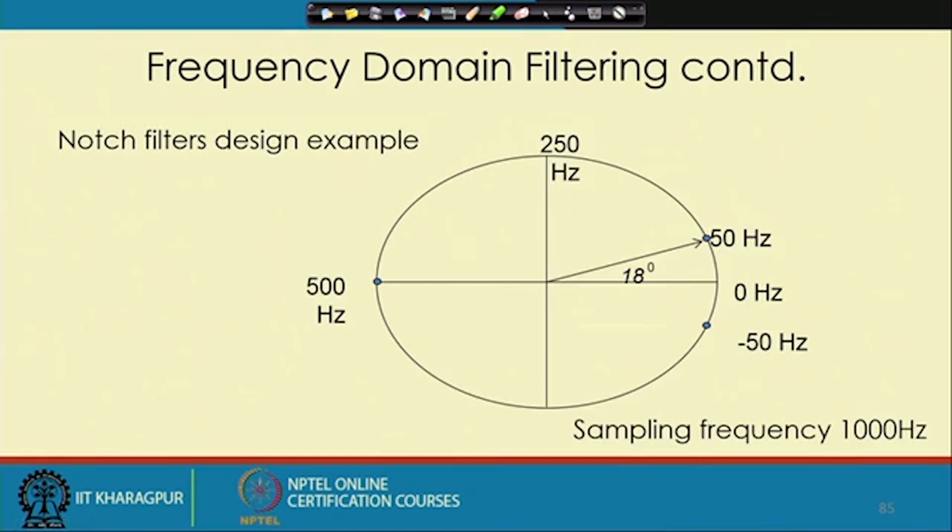Here we see the angle, how it is shown, plus minus 18 degrees. We get the output, that the zeros are there in the pole-zero plot, and with this we are able to eliminate the 50 hertz signal, which is actually a power hum or noise for the biomedical signal.